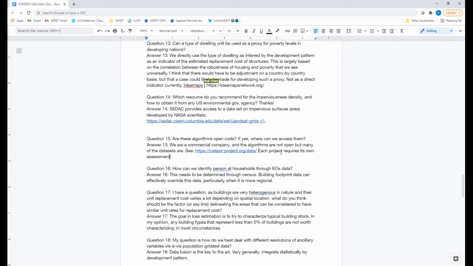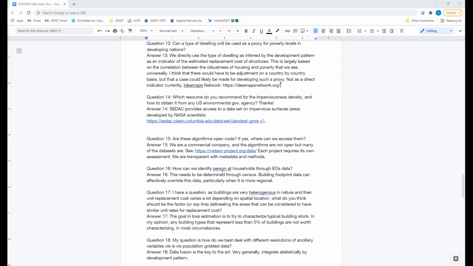Things change quite quickly in terms of data availability. We also try to make it very clear what we do and how we do it. We're very transparent with the metadata, so that people can update or augment the data for their own purposes. I would recommend anybody interested check out the Meteor project, where we've got 47 countries worth of this data to download and play with.